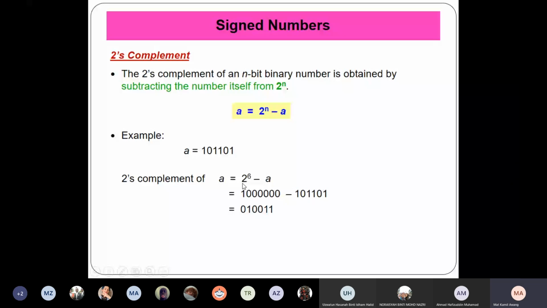So it is actually 2 to the power of 6 because you have 6 bits. So it equals 2 to the power of 6 minus a. What is 2 to the power of 6? It is 100000 minus 101101. So the answer is 010011. So this is the 2's complement of this number.